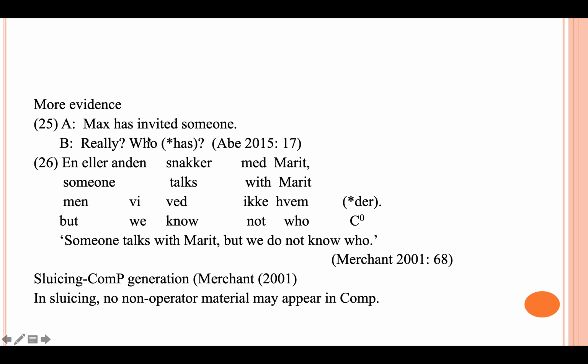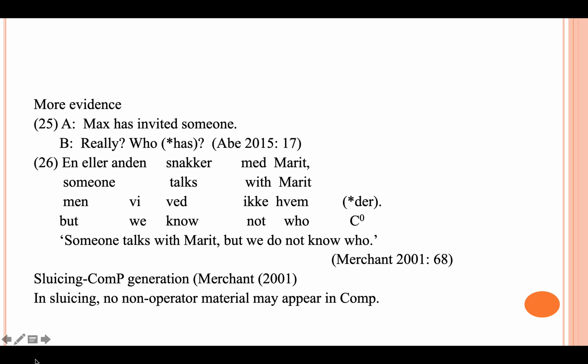Now let's have a look at this. Max has invited someone. Really? Who has? This sentence is grammatical. The reason is that the head C has no phonetic form, and we can say the phonological features of C have no phonetic form, but it has features in the labeling algorithm.